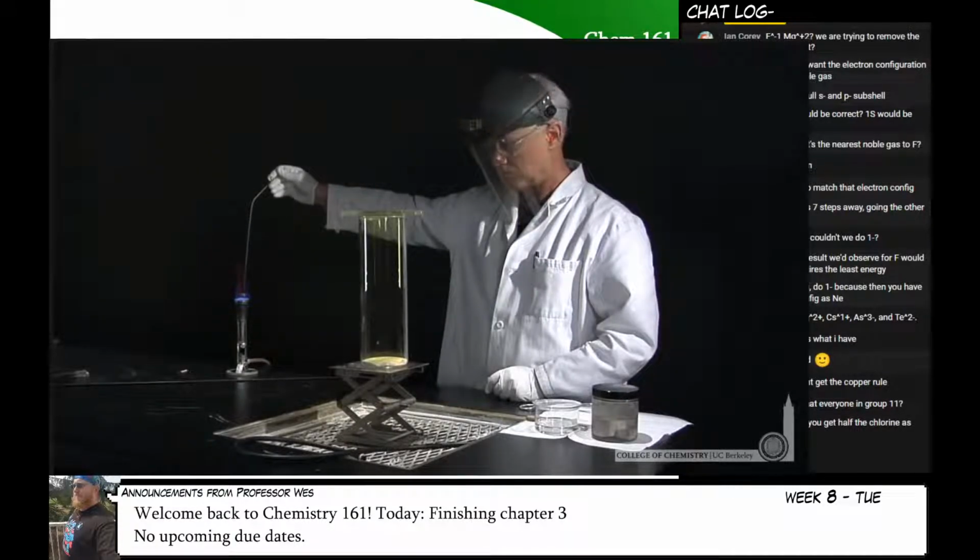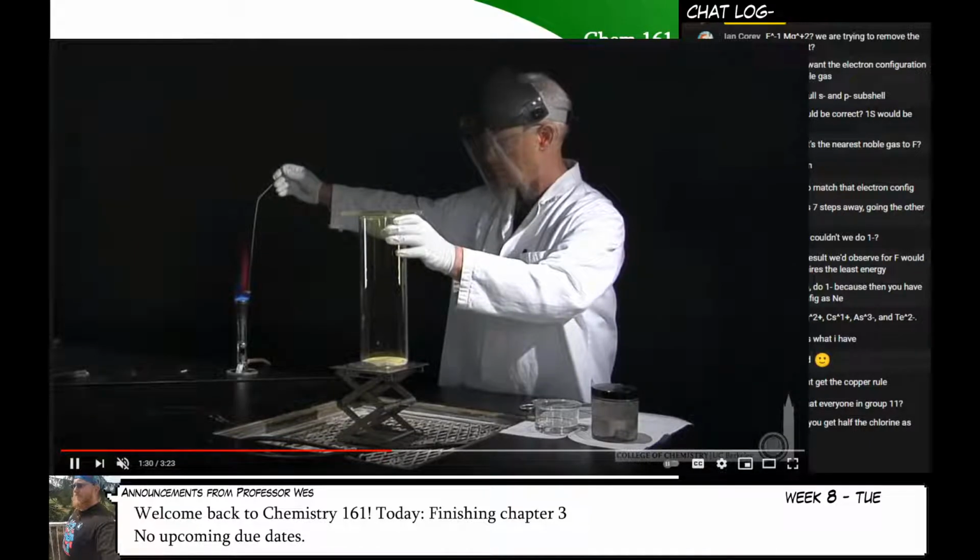So if you remember from 140, whether you took it with me or not, you probably saw the video where we heated metal cation solutions. And when you did that, they glowed a very bright color. And the reason that they do that is because the electrons in the ions go up and down through transitions.